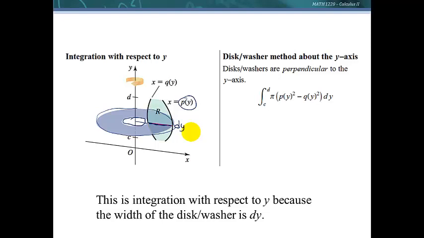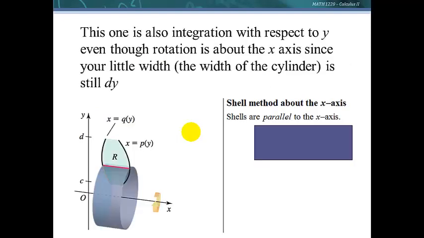And finally, another integration with respect to y is if we were rotating around the x-axis but using the shell method. So these little shells would go parallel to the x-axis, and you can see that that has a little thickness dy. As I go to express this, again, I would think of this spread out, and this would be my circumference. So if I'm trying to get my circumference here, it's going to be 2 pi r, and we can see that r is going to be our y value. So that's going to be 2 pi y.